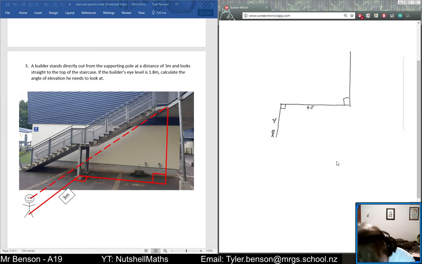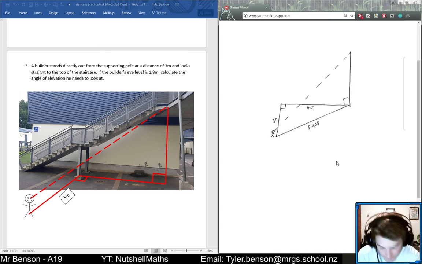And if we drew a triangle like this, we can calculate that, and we calculate that to be 5.4. And I've forgotten his dotted line to his eyes.